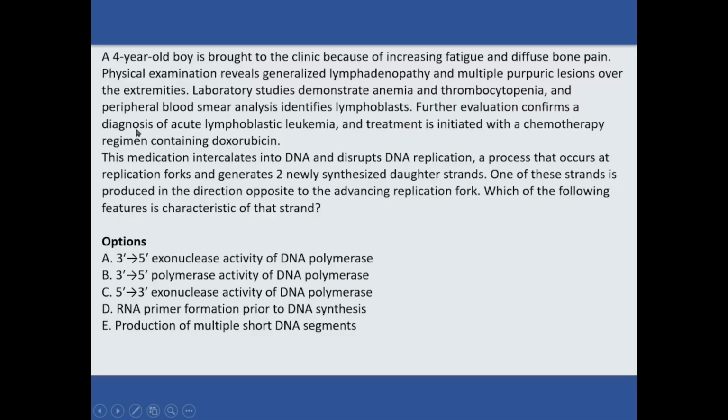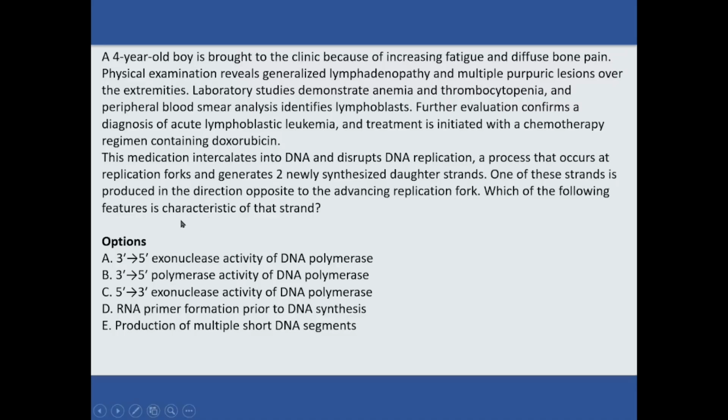Further evaluation confirms the diagnosis of acute lymphoblastic leukemia, and treatment is initiated with a chemotherapy regimen containing doxorubicin. The medication intercalates into DNA and disrupts DNA replication, a process that occurs at replication forks and generates two newly synthesized daughter strands. One of these strands is produced in the direction opposite to the advancing replication fork.